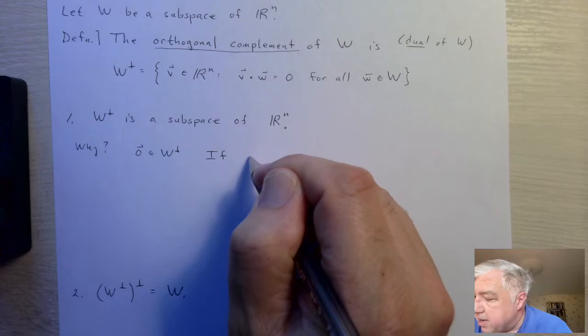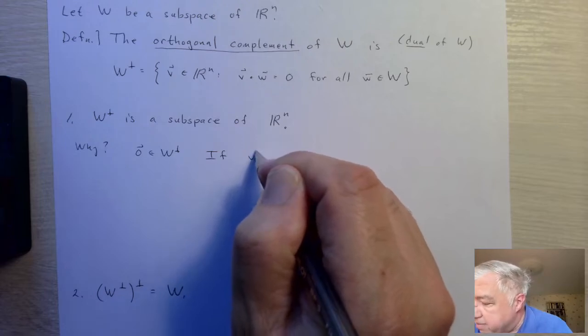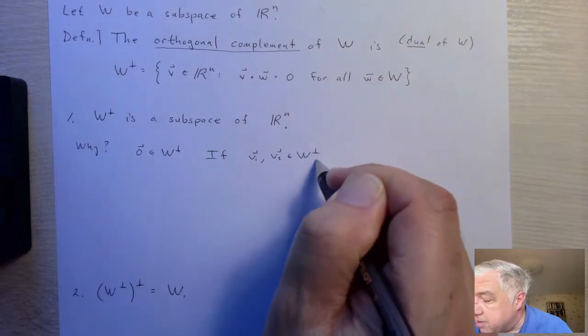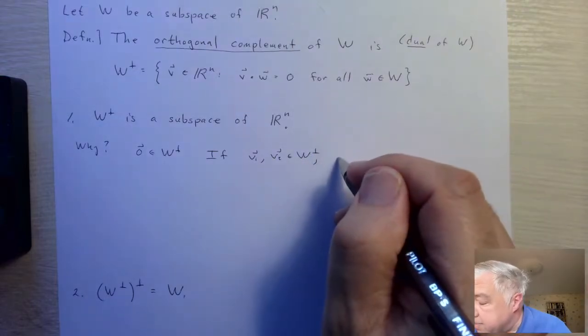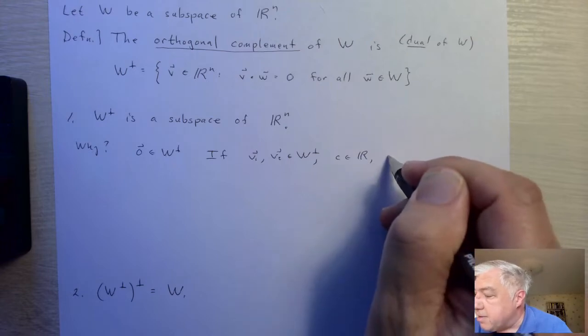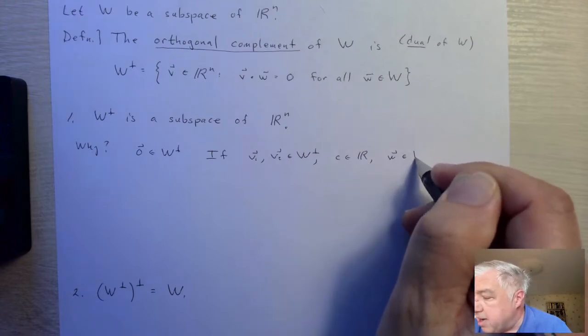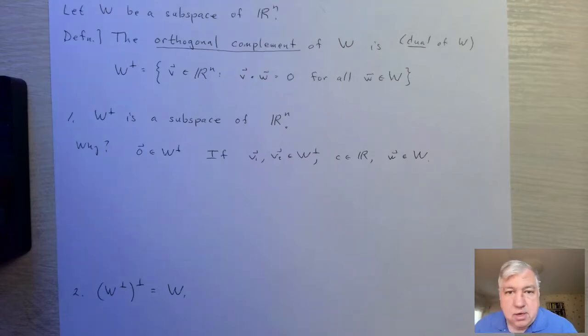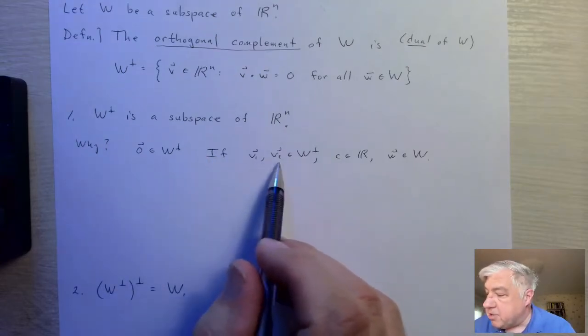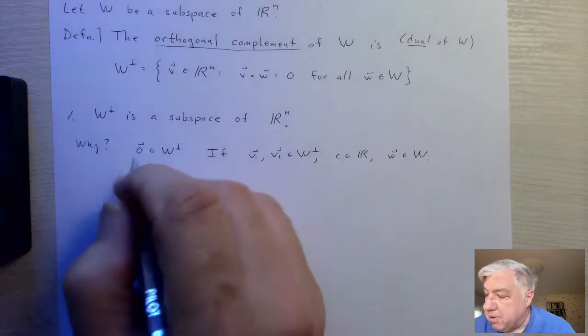Now let's say v1 and v2 are in W perp, c is a real number, and little w is an element of big W. We're going to show that v1 plus v2 is orthogonal to w.